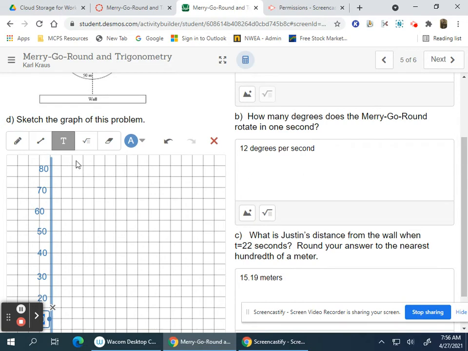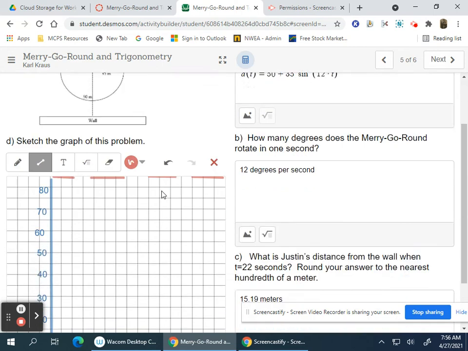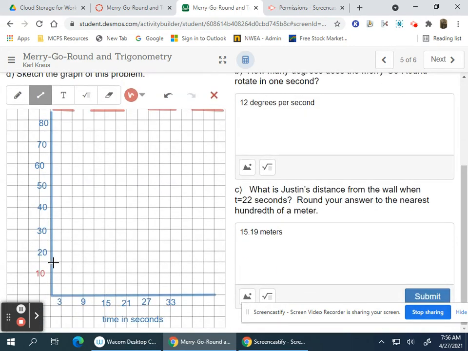All right, so 85 would be up here at the very top. And then 50 minus 35 is 15. I don't know why this turned red.